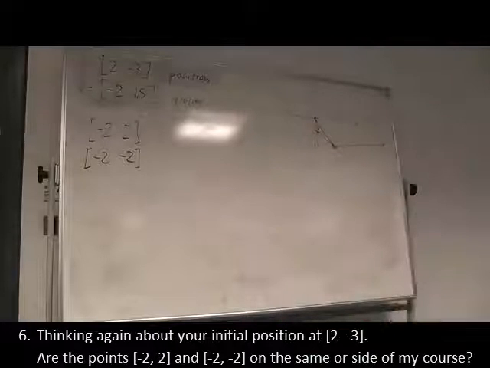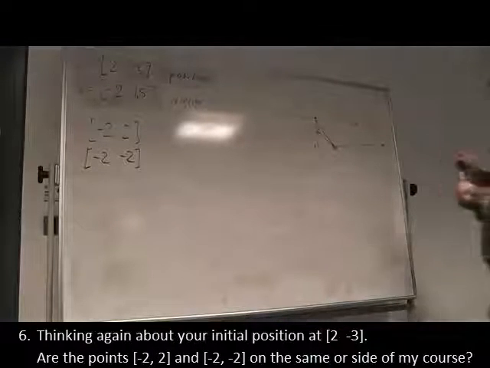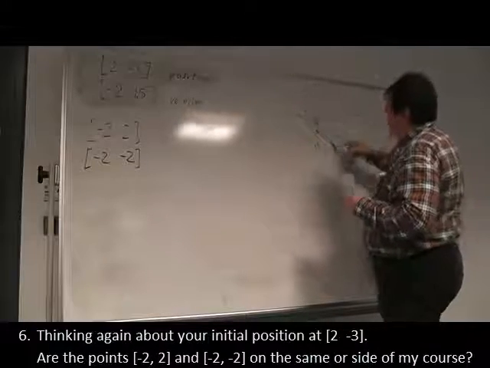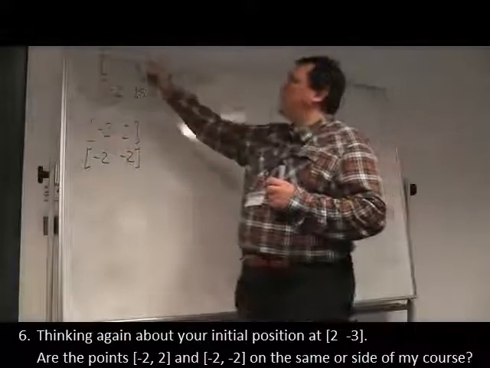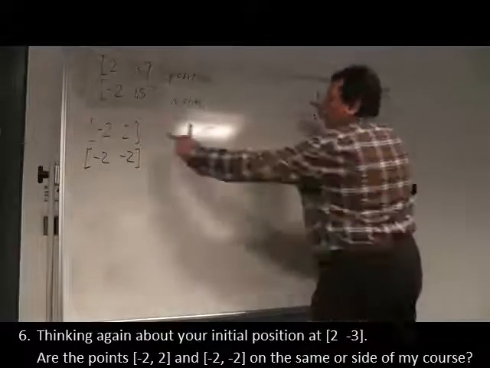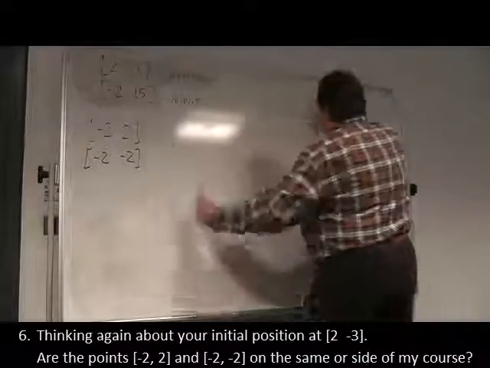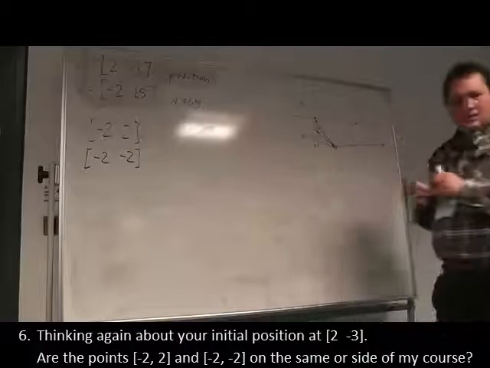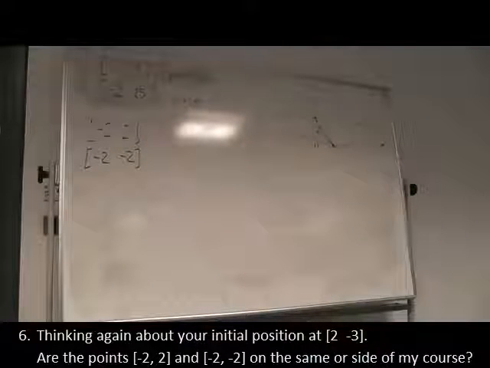In order to make these calculations, we will again consider displacement vectors which connect my current position (2, -3) with the point (-2, 2), and then with (-2, -2). So, let's calculate the first of these displacements.